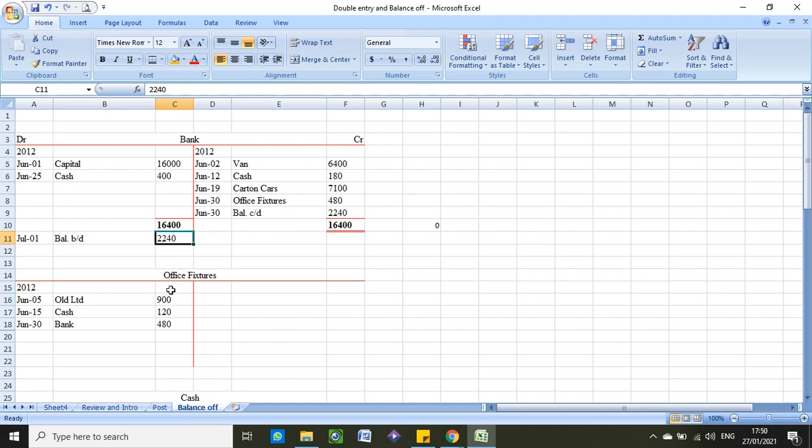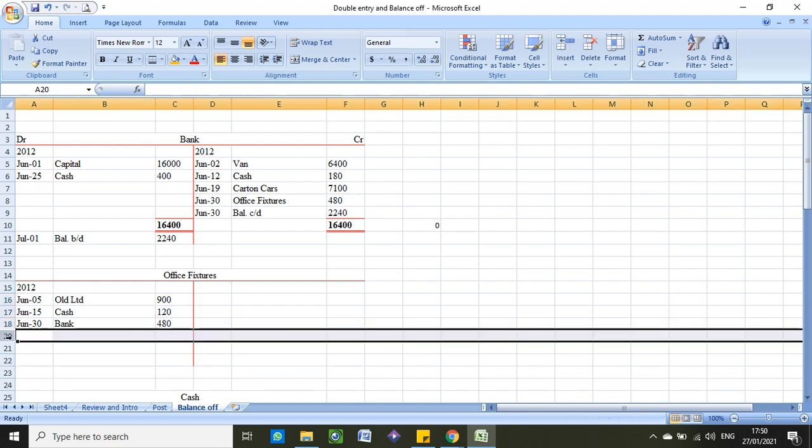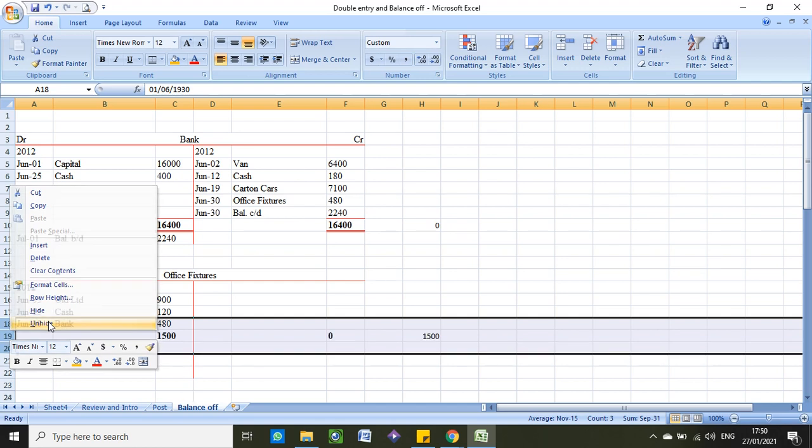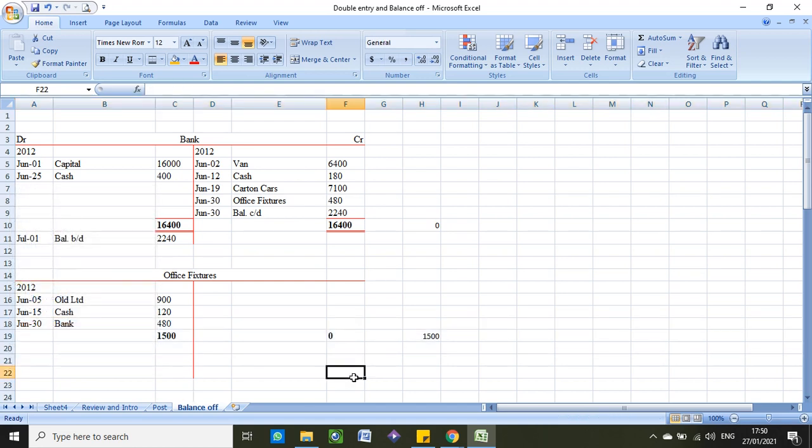Now what happens if we have something like this, whereby we have 3 transactions on the debit side, which add up to 1,500, and then on the credit side we have 0. Well, we apply the same principle. We need to figure out what is the difference. Even though this is not necessary, I included this calculation.